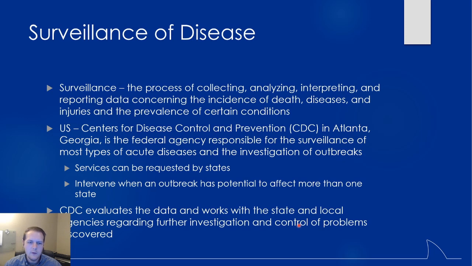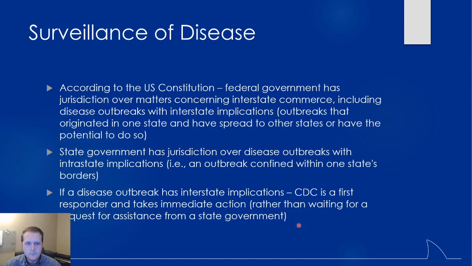That's where the federal government really likes to come in, or it could be requested. So if in a particular state you see something strange going on, you could always contact the CDC to come and help investigate. They can then decide whether this is truly an interstate concern, or if they can handle it locally. As we mentioned, the CDC helps out with more federal stuff.